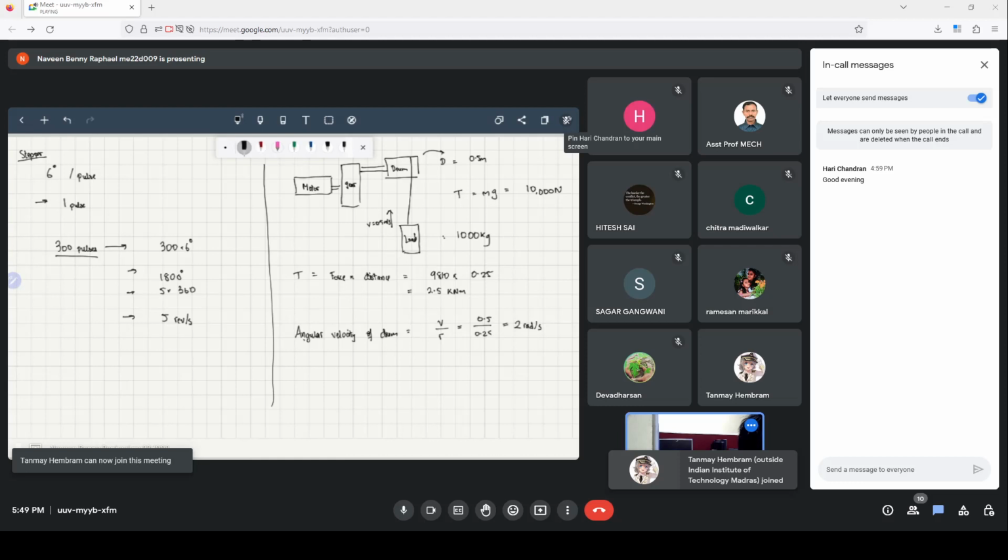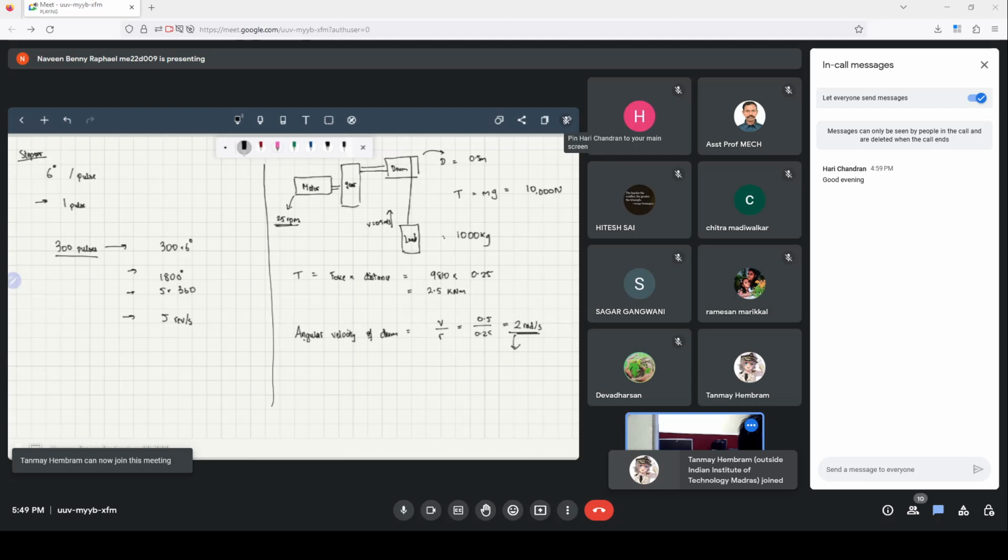The question straight up says that the motor spins at 25 rpm. But if the motor is spinning at 25 rpm and this is moving up at 2 radians per second, we must first convert this to proper radians per second.